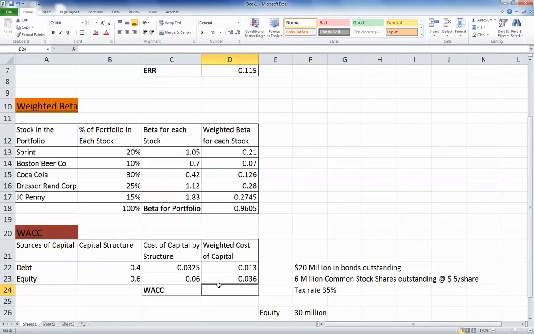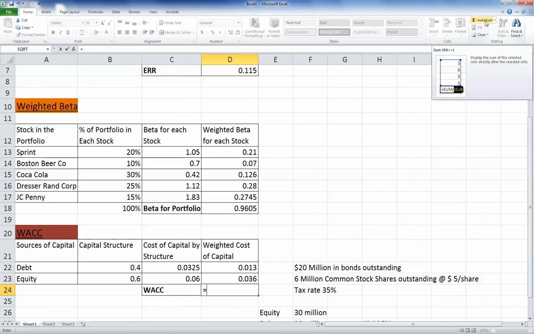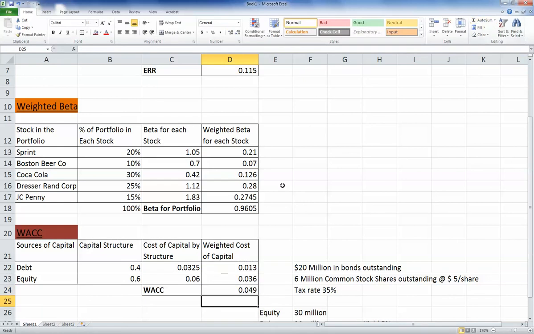And we get a little above 3.5%. And to compute the WACC, all we have to do is sum these two numbers up. So I'm going to use that auto sum formula. Auto sum those up. And we get a weighted average cost of capital of a little under 5%, so 4.9%.